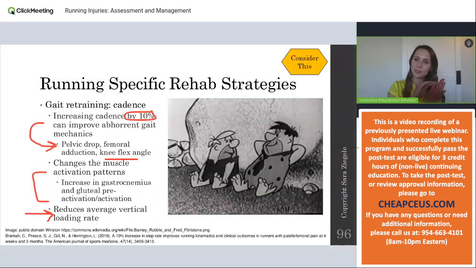I think about it, if you're doing a long jump versus if you're doing a skip, the skip is going to have less force, right? Less landing shock when you hit the ground. So if you're not going as far, you don't have to go up as high to get there. When you increase your cadence, your steps become shorter, which then is more like a skip and less like a long jump.